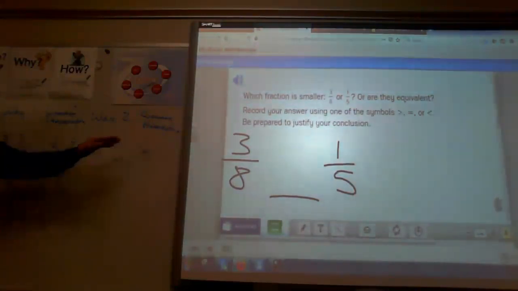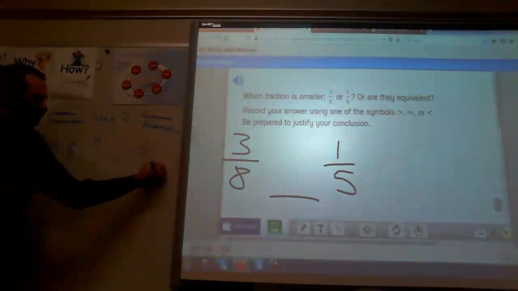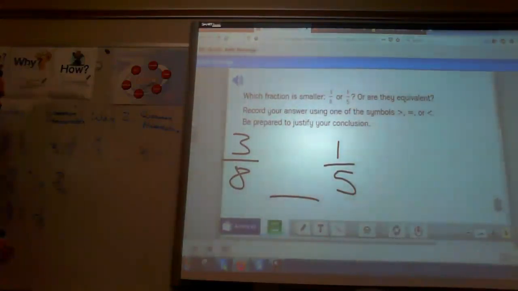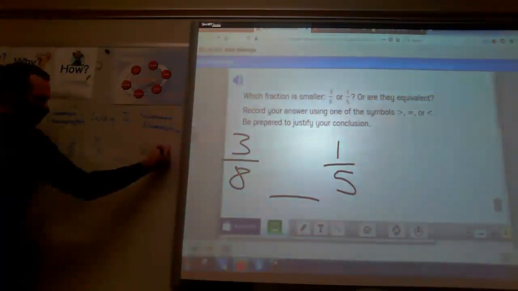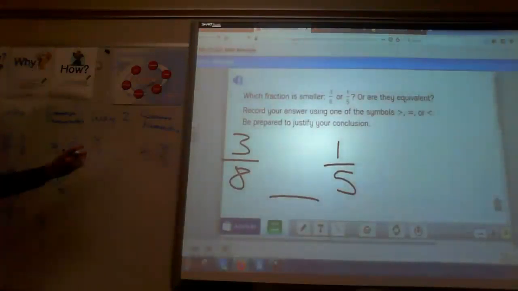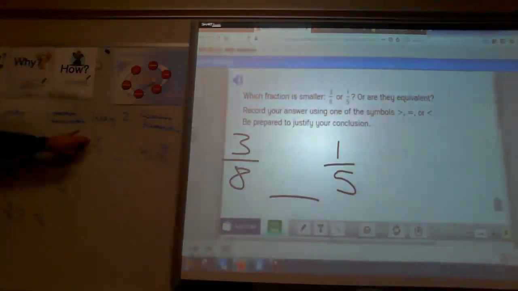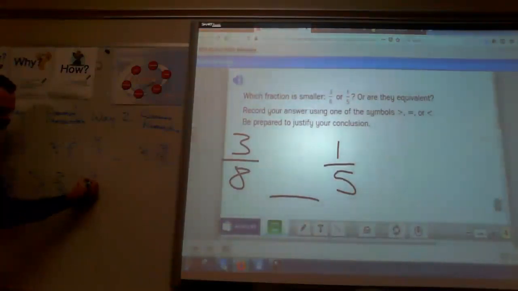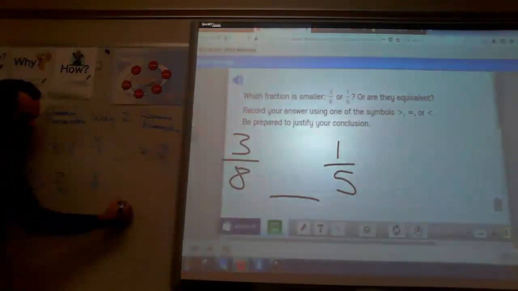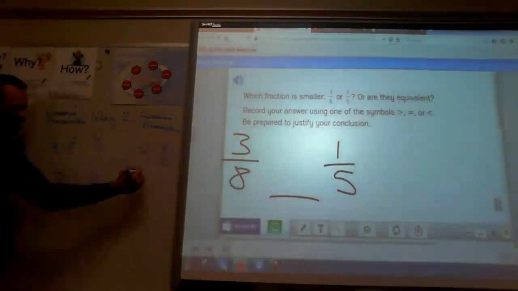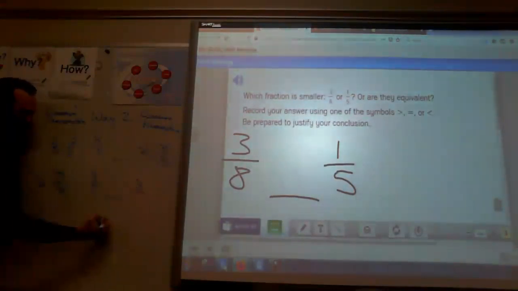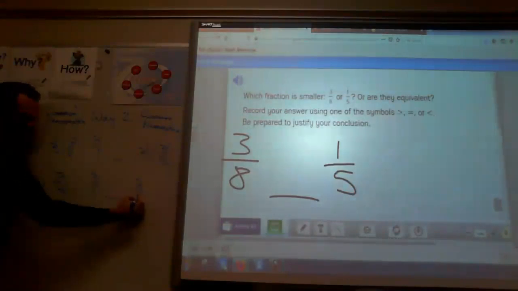And I think, is there something I can multiply 1 by to get 3? Yes, 3. Do I have to do anything to this? No, because I already have a common numerator. So I get 3/8 compared to 1 times 3 is 3, 5 times 3 is 15.